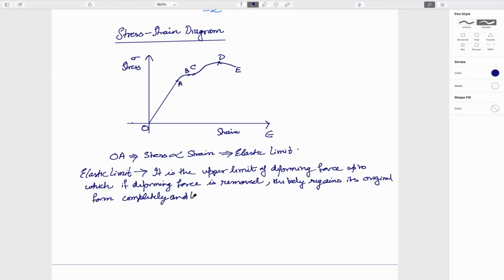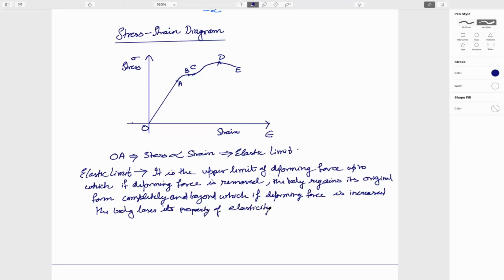And beyond which, if the deforming force is increased, the body loses its property of elasticity and gets permanently deformed.